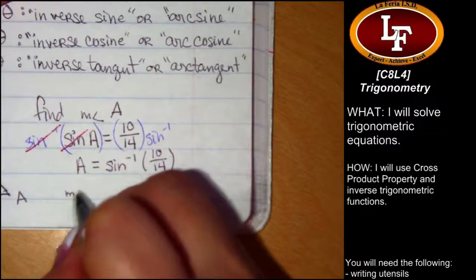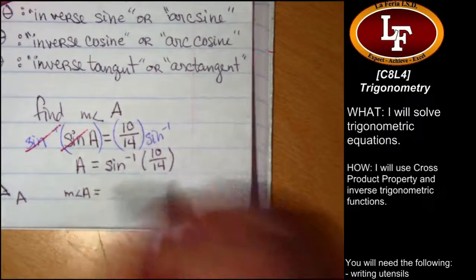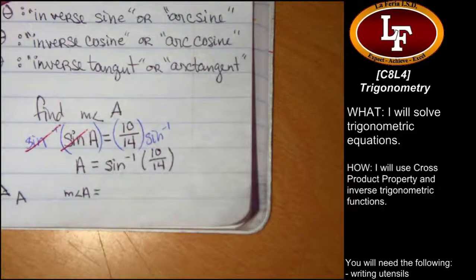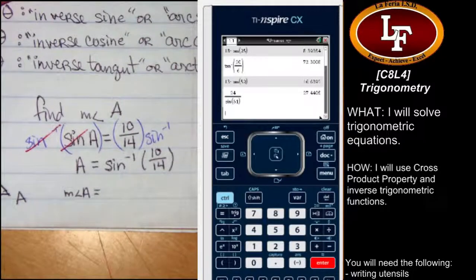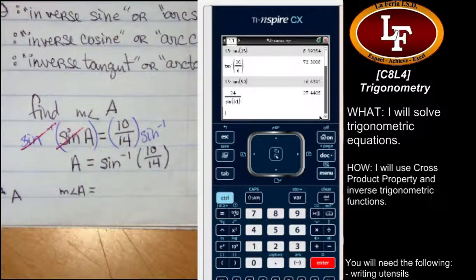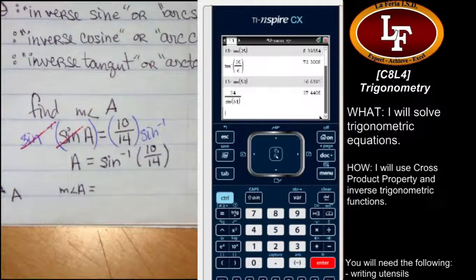And now I can go into my calculator and type that in, and it should spit out for me the correct degree measure. Do that now. What'd you get?